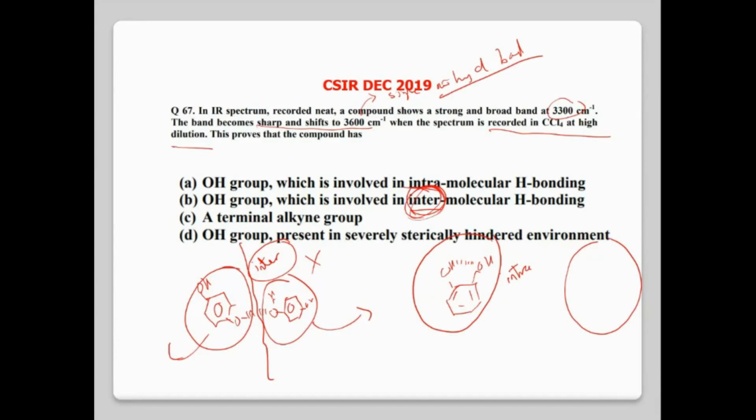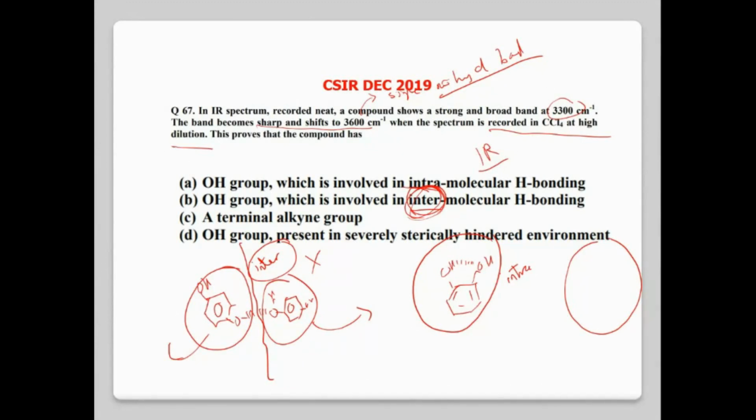So IR can easily tell you whether hydrogen bonding is there or not, and whether it is intra. What is intramolecular hydrogen bonding? Within the molecule.